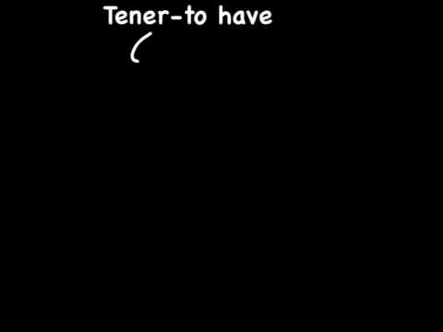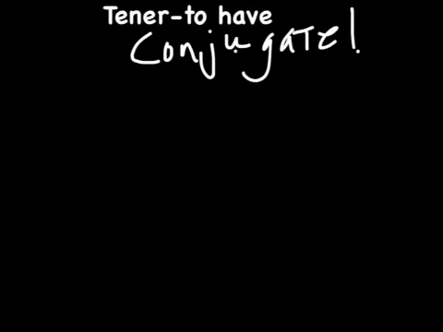Now, to conjugate tener, it's a little tricky, but if you memorize it, it shouldn't be any problem. In the yo form, it has a G. So you would say yo tengo.